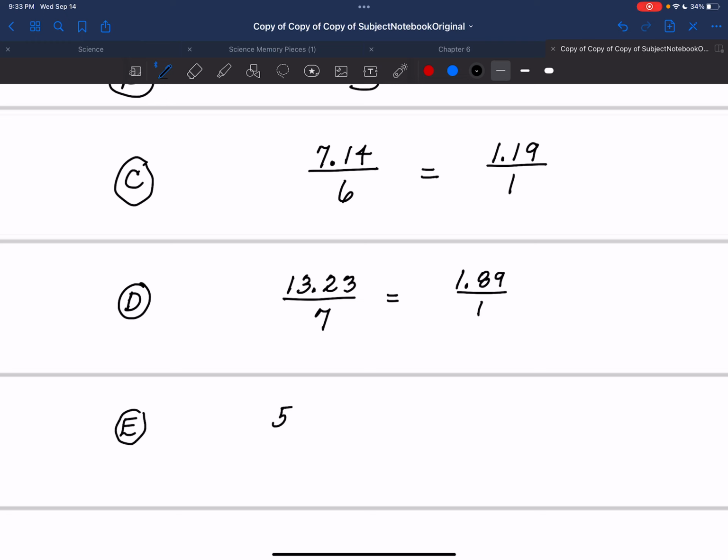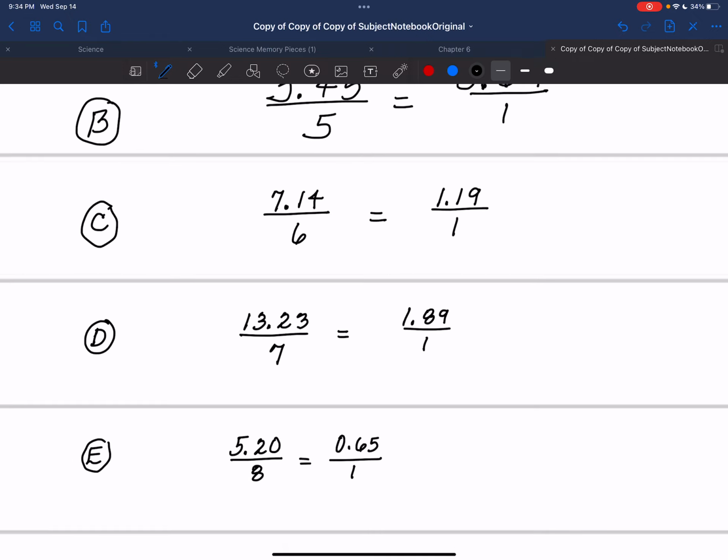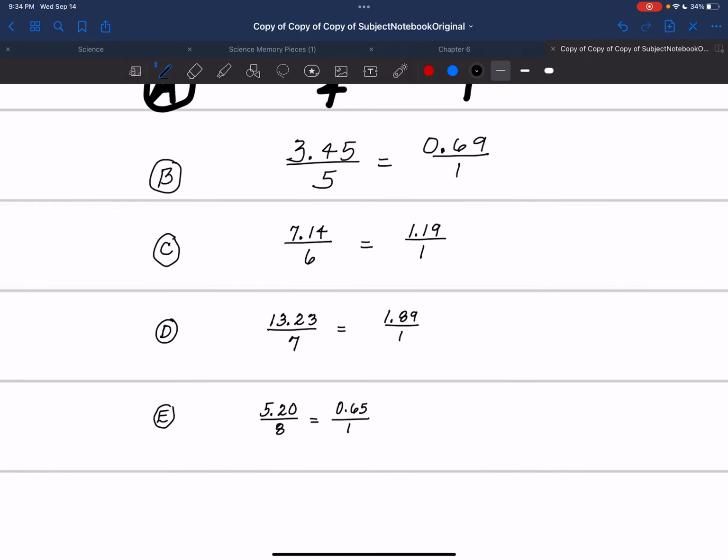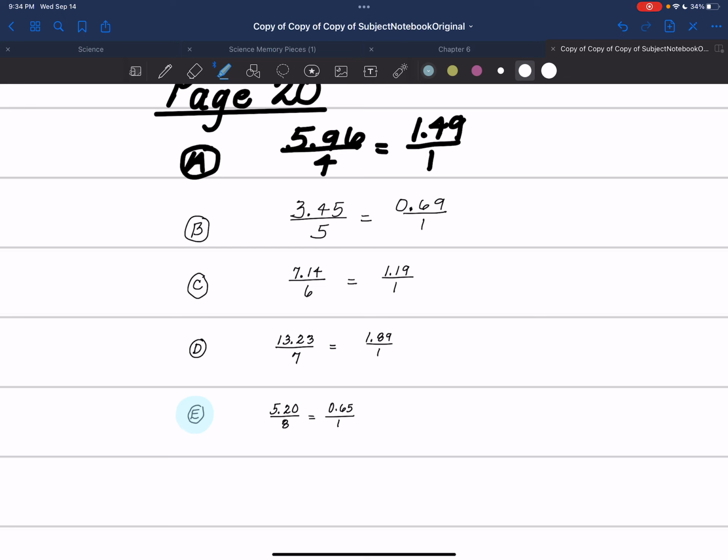So if you break that down to 1 pound, that's going to be a pretty good deal. That's 65 cents a pound. And we're looking for the least unit price. And it is the tangerines, 65 cents a pound. I'm going to go with answer E.